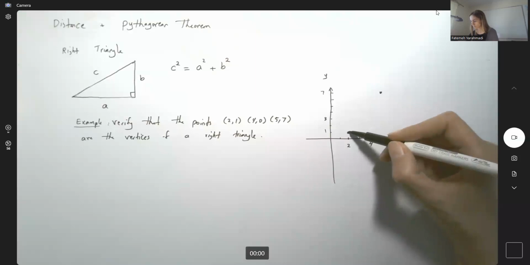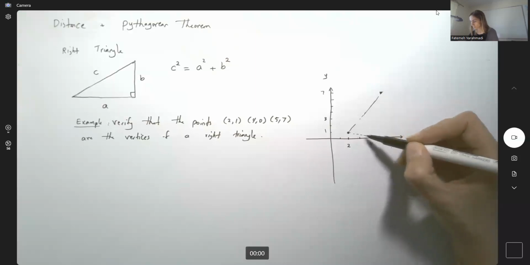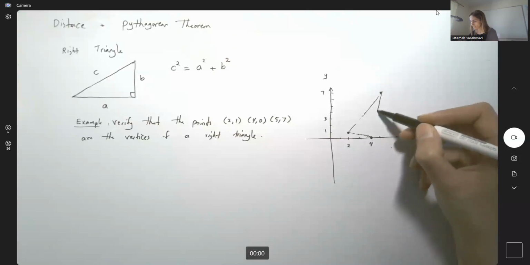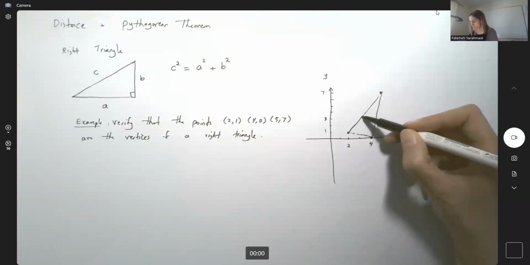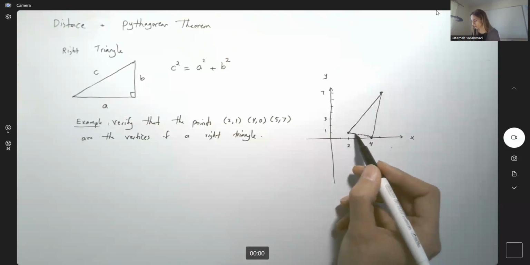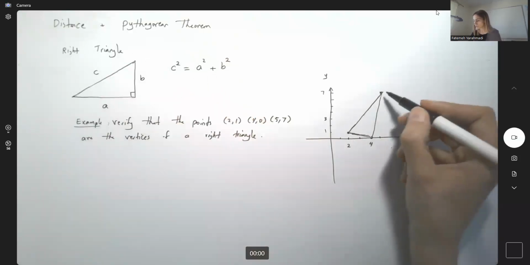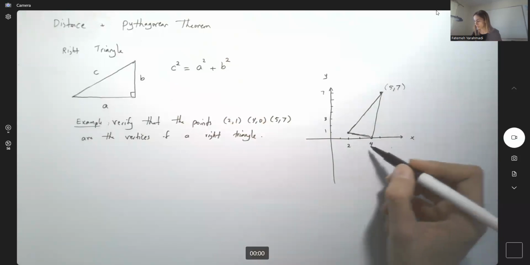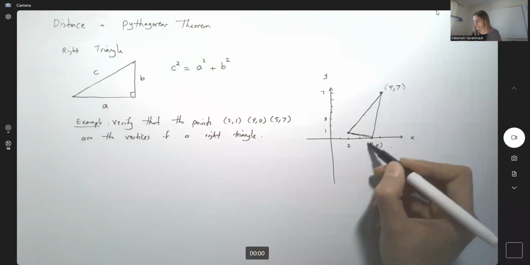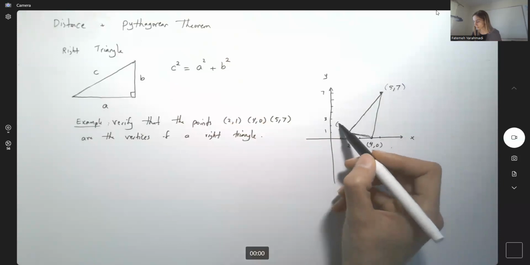I'm trying to find a relation between these sides and show that I have a right triangle. I'm going to apply the Pythagorean theorem. So this point is 5 and 7. This point is 4 and 0. And this point is 2 and 1.